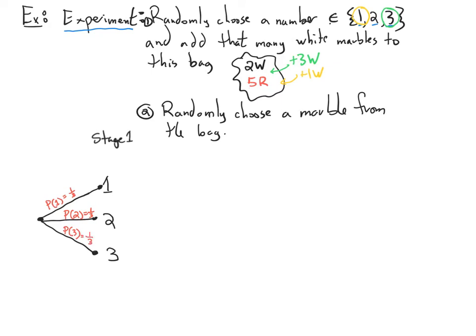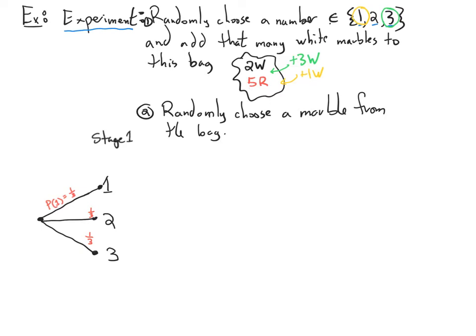I'm going to write the probability of getting each of those on the branch itself. We call these here the branches, and we call the end bits the nodes or vertices. Okay?